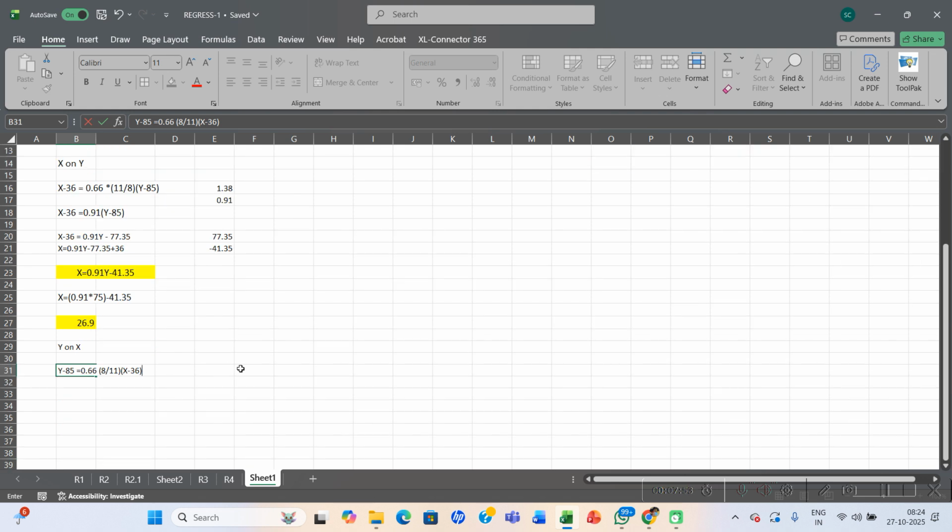Now let us take 8 by 11. It is coming to be 0.73. Now the next part is 0.66 multiplied by 0.73, which is coming to be 0.48.